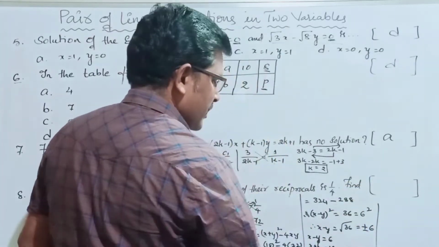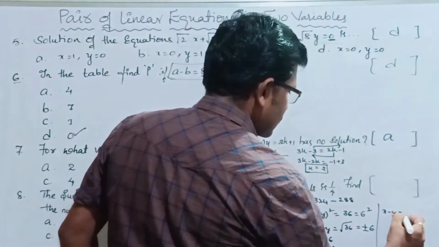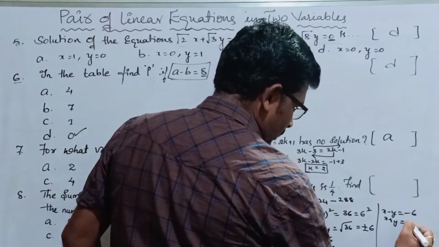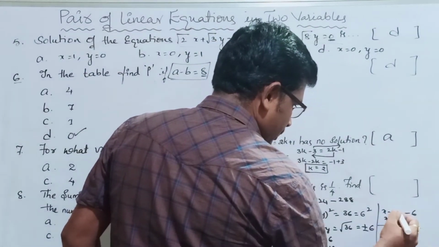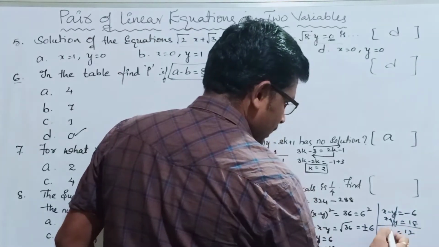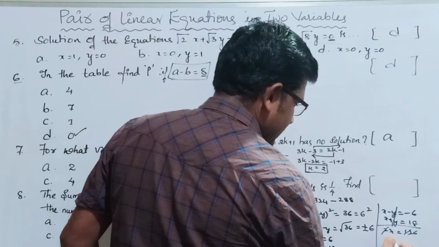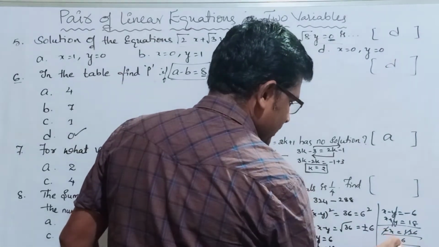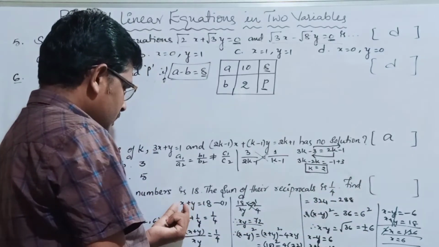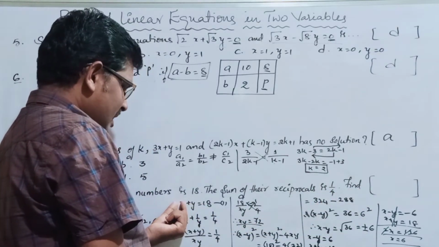If we take x minus y is equals to minus 6, x plus y is equals to 18. So plus y minus y gets cancelled. 2x is equals to 18 minus 6, 12, 2 sixes are 12, so x is equals to 6. If we substitute x value in equation 1 or equation 2, anything, so x is equals to 6.